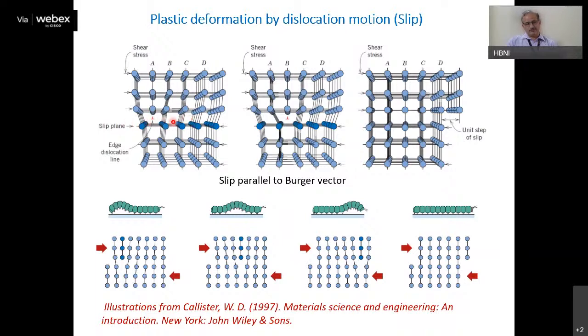The plane in which it slips is called a slip plane. There will be some barrier defined by the atomic spacing, called the Peierls barrier. It will have to face that much barrier. Basically, the shear stress in this direction has to reach some critical value. Only then can this slip happen. When it happens, this plane moves in this direction, and finally you get this state.